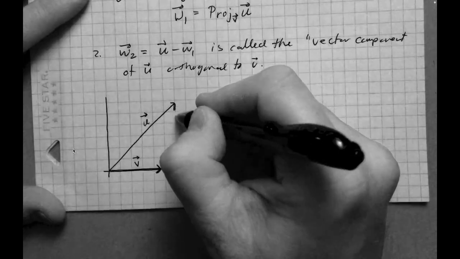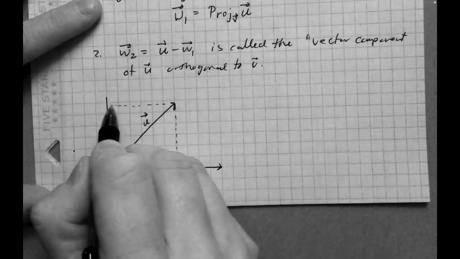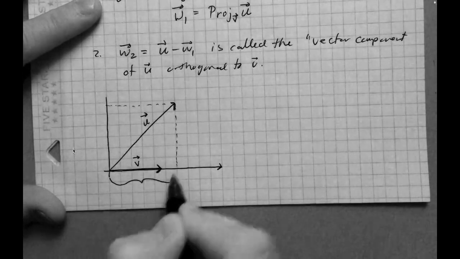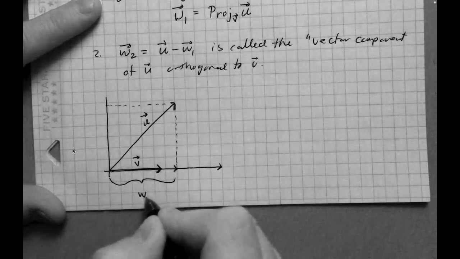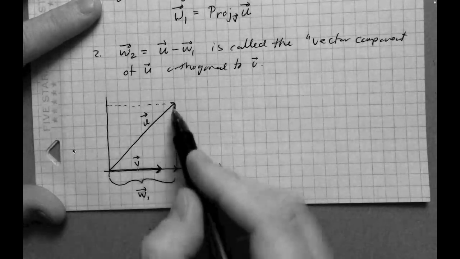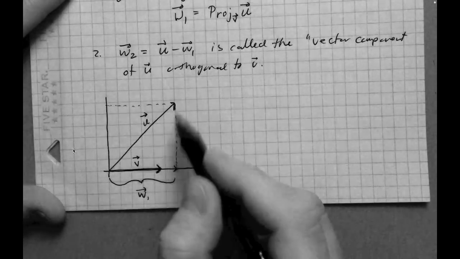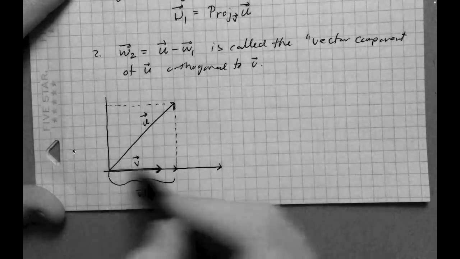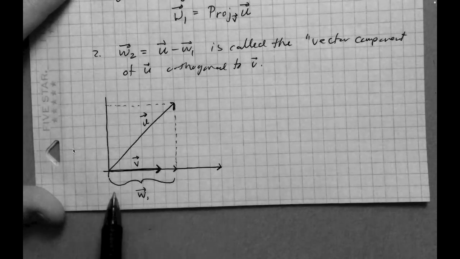Now you can think of u as being dropped down, and there's another vector that's formed, and that's the vector w1. So u is dropped down onto the axis created by v, but it's of a different length, and that's w1.